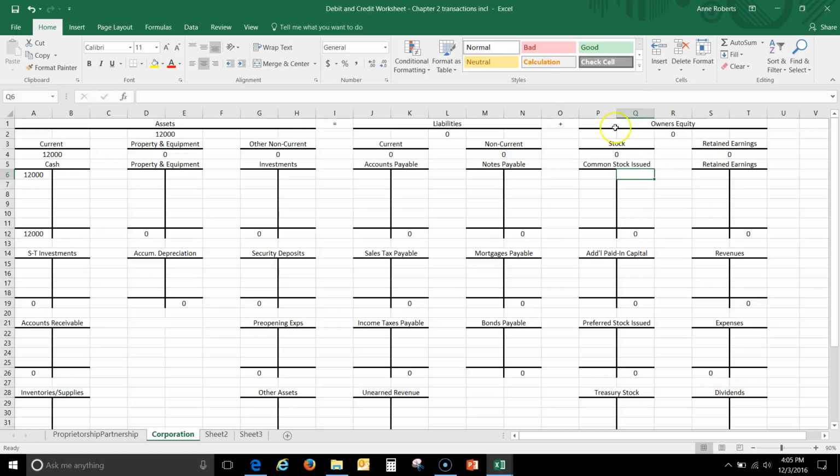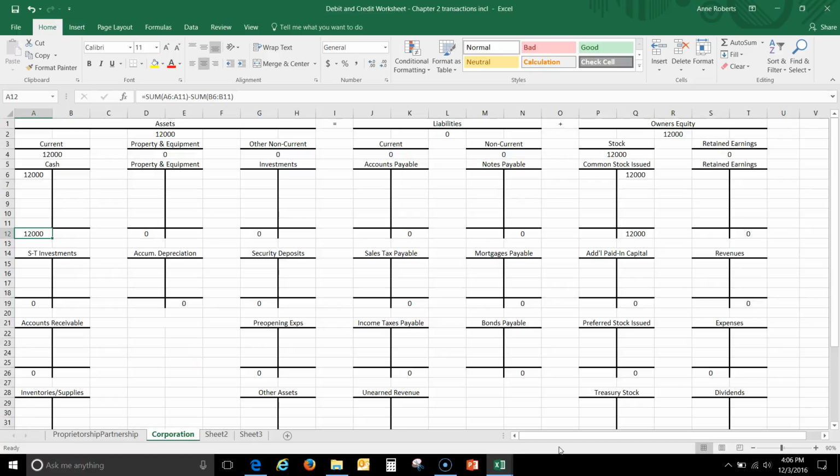Remember, common stock issued is on the right-hand side of the equal sign, so we're going to go up on the right. So we do a $12,000 credit to common stock. Now notice what happens after that journal entry is posted. $12,000 in assets, 0 in liabilities, $12,000 in owner's equity. Okay, let's take a look at the next journal entry.